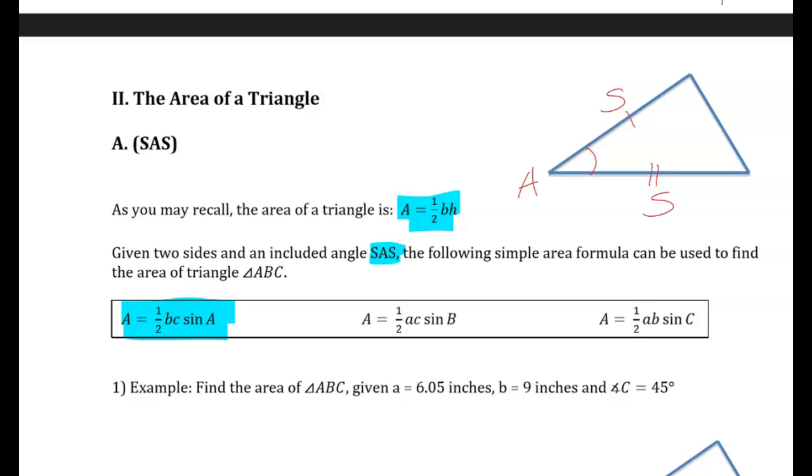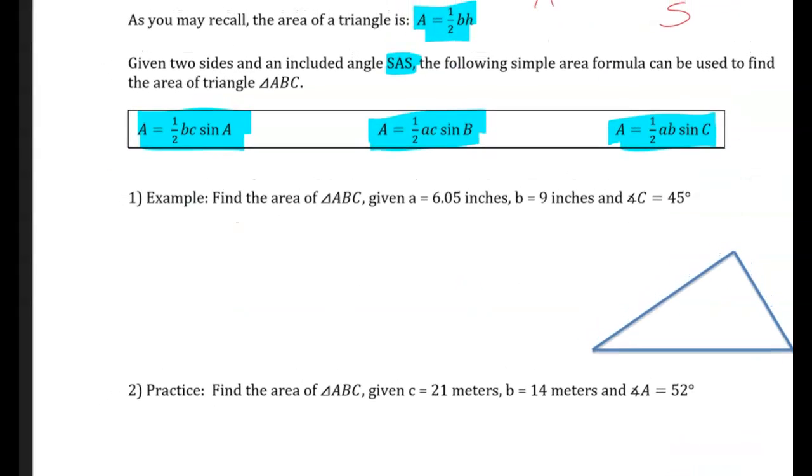That's all that this means. And they just change up the lettering. So, this is 1/2 a times c times sine of b. That's the angle between a and c. And this is 1/2 a times b times sine of c, which is the angle between a and b. It's the same exact formula.